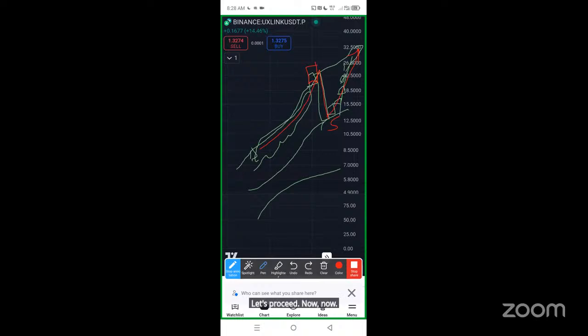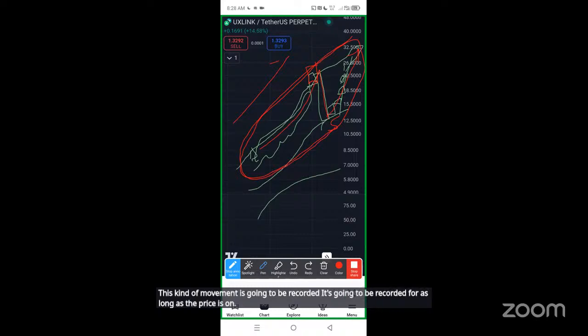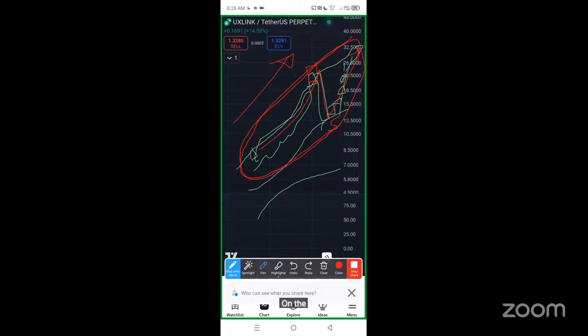Now, this kind of movement is going to be recorded for as long as the price is on a rise. If we are in an uptrend, you shall see scenarios of this happening. The upper band will continuously deviate from the middle band, but we shall be experiencing a moment of retracement.